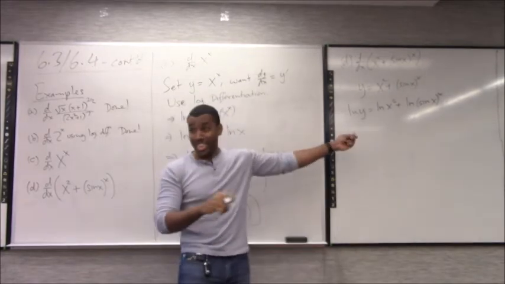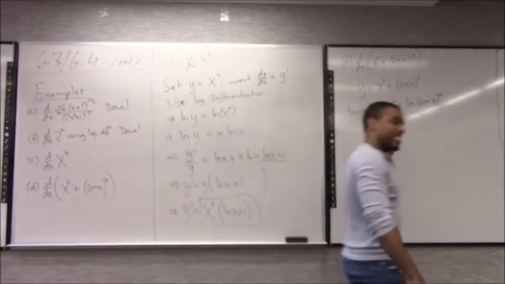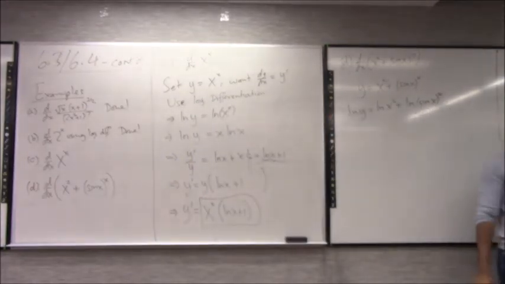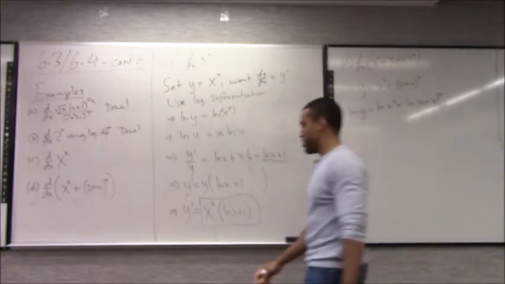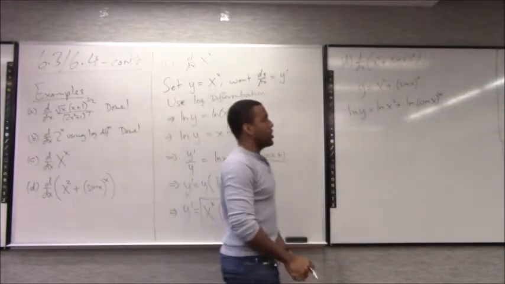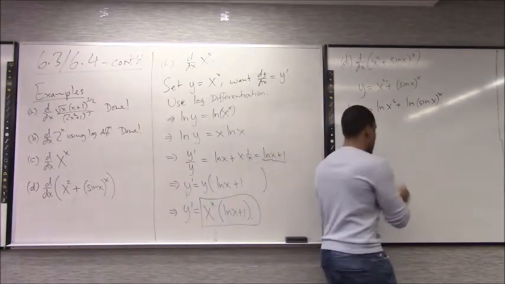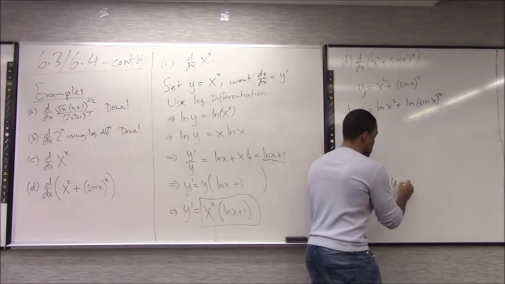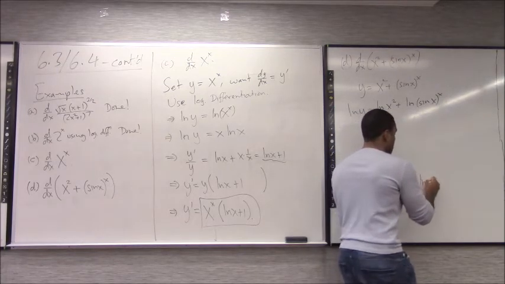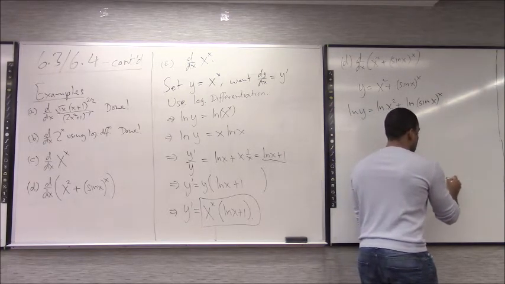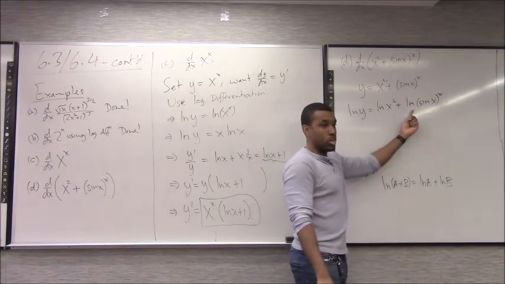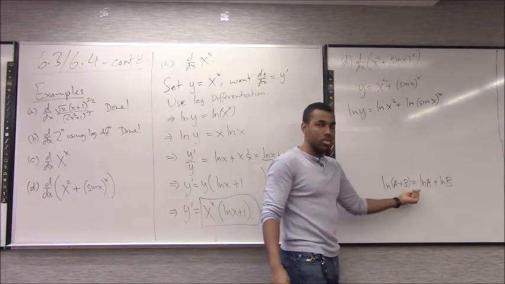Yes, that's wrong. It's a common mistake though, which is why I try to do it, to see who would agree with me. You cannot take the log of each individual term, because it is not true that the log of something plus something is equal to the log of this plus the log of that. By taking the log of each individual term, you believe this is true, which is not true.